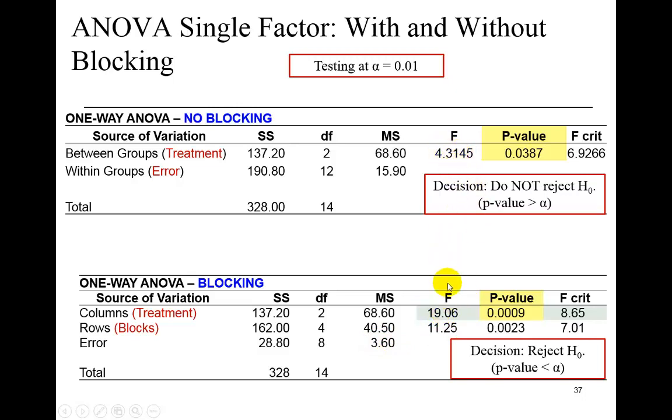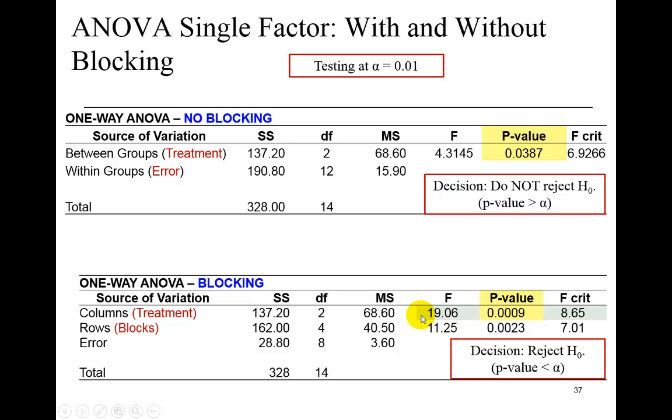So as you can see, definitely blocking has done its magic, because by controlling for variation in the types of farmland, we're able to more definitively determine that indeed differences in fertilizer type, which is the main treatment here, do actually impact the crop yield that you achieve.